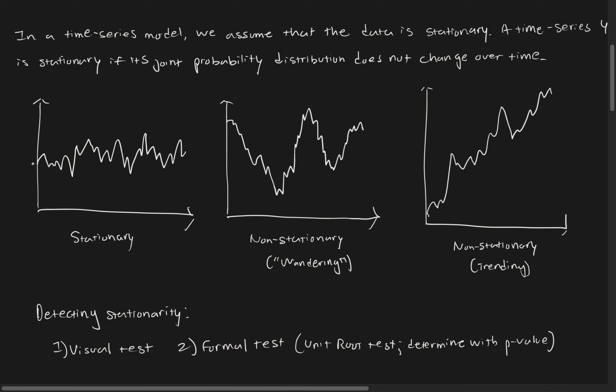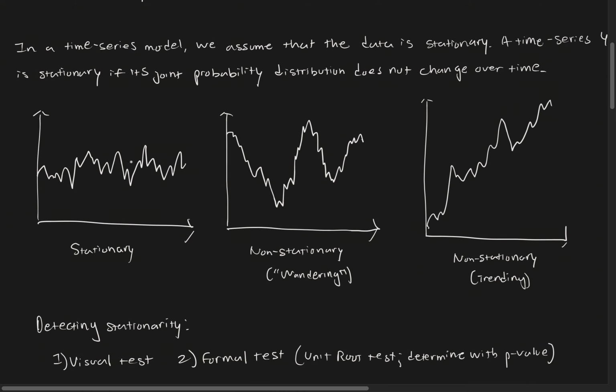So assuming the mean is around here, you can see that even the min and max values of the stationary graph, the range of it isn't too high. And the variance of it isn't high either. And that's what determines a stationary graph.